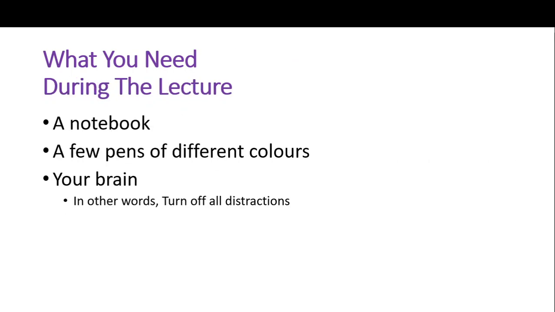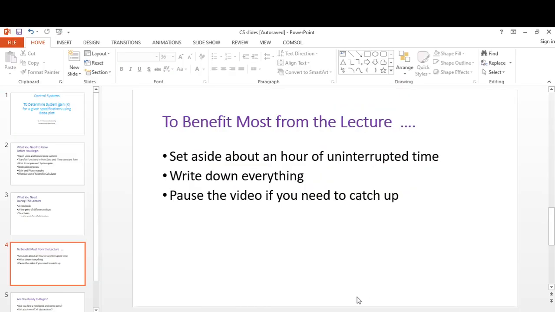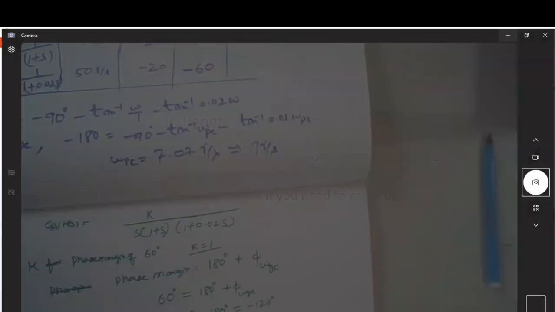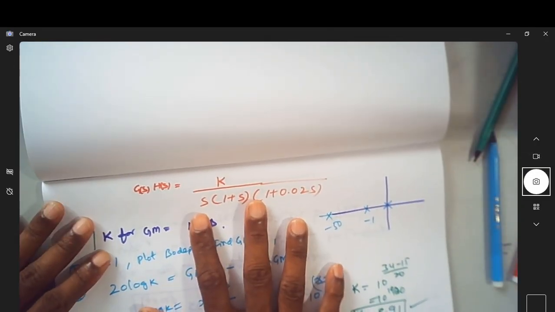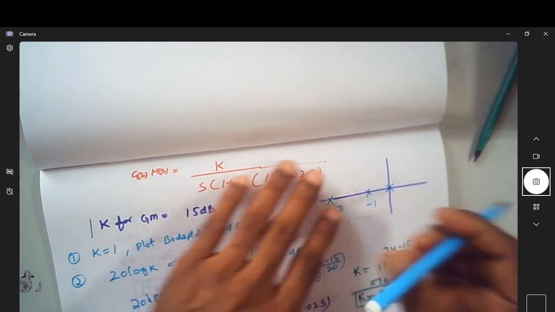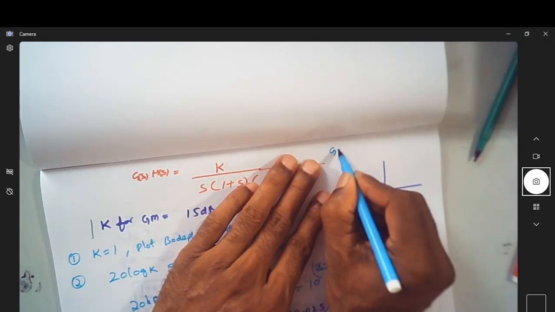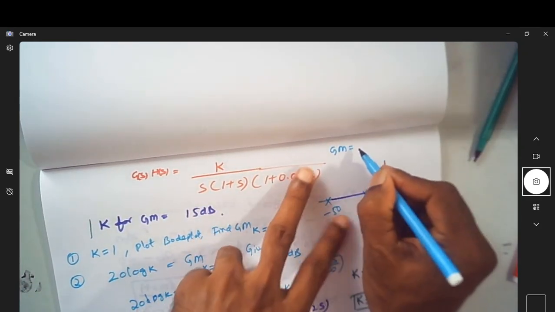Okay, these are the prerequisites. Afterwards, let me just go here. In the previous problem, we did it for this transfer function. The first condition had the gain margin specified as 15 dB.